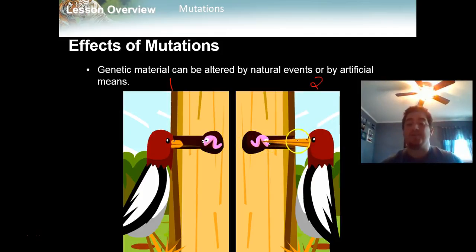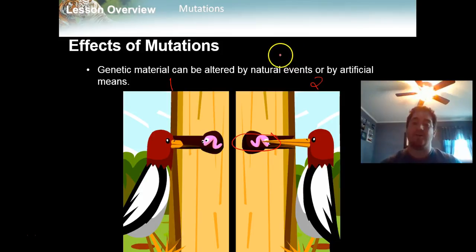Obviously, bird number two is going to be able to eat a lot more worms because he could reach in here and grab them. And this is going to be advantageous. So this mutation actually may have helped bird number two to grow a longer beak and be able to eat more. So it's not always bad, right?